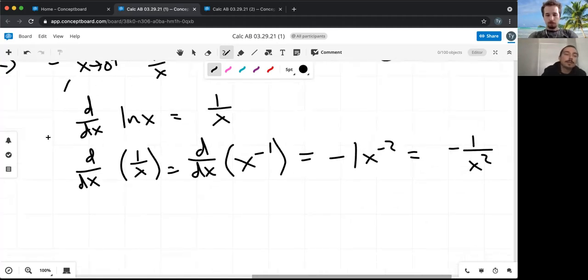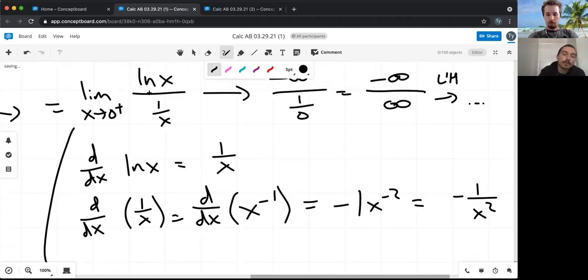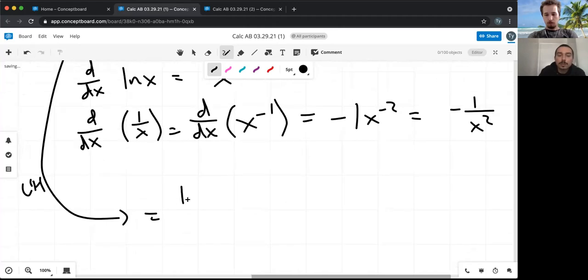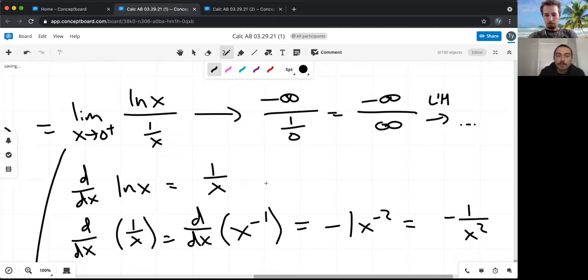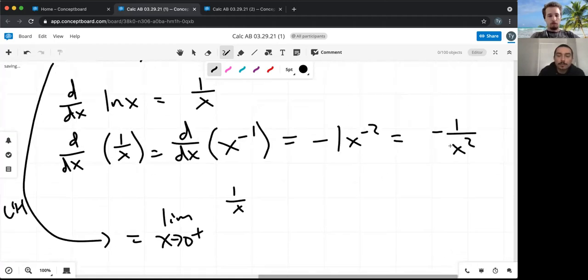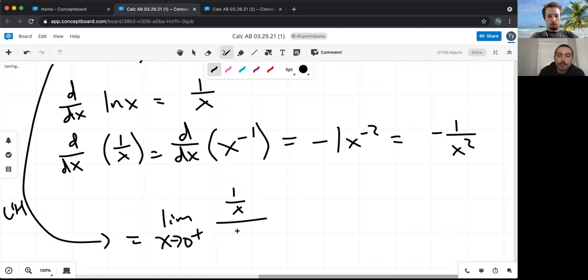Okay, so by L'Hopital's rule, our limit is equal to the limit as x approaches 0 from the right of, instead of natural log of x, 1 over x. Instead of 1 over x on bottom, negative 1 over x squared. Let's do some rearranging to get rid of this compound fraction.